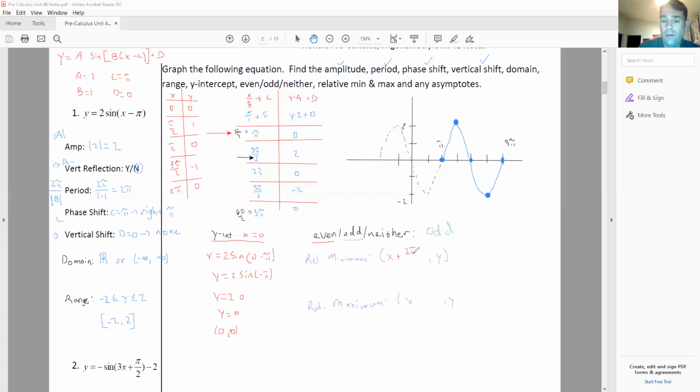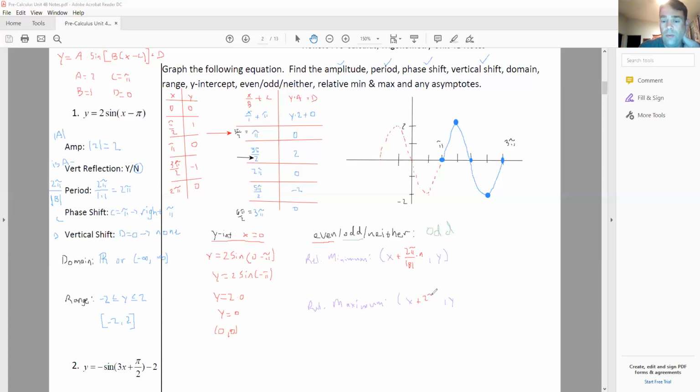Well, I'm not going to go and actually write all infinite number of them. I'm just going to add the period times n. And n would be the number of rotations around the unit circle, or around the circle itself, which would be how many different ways it goes.